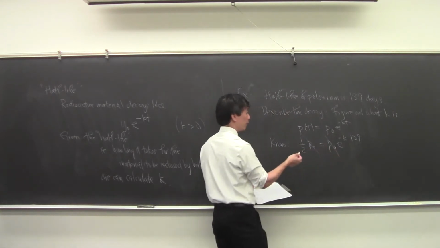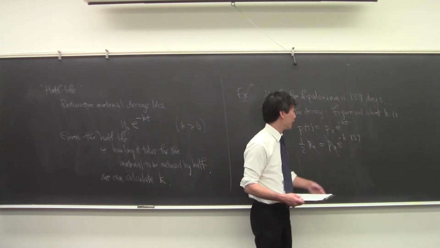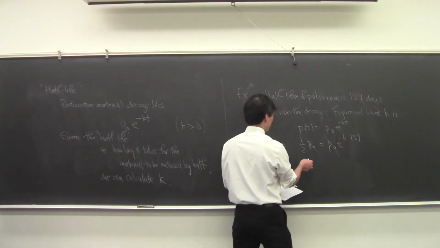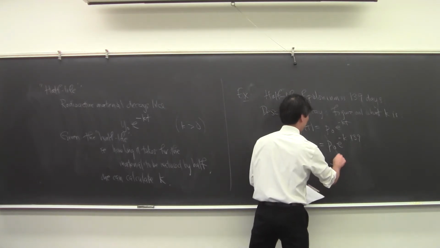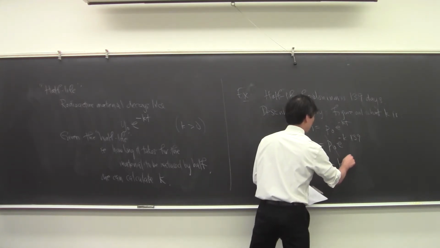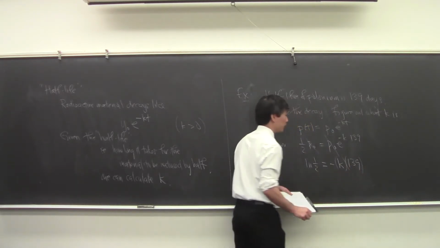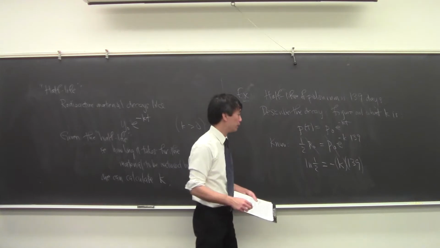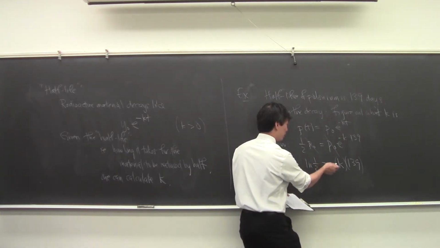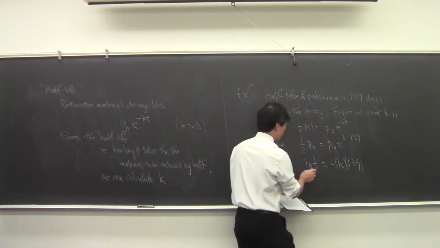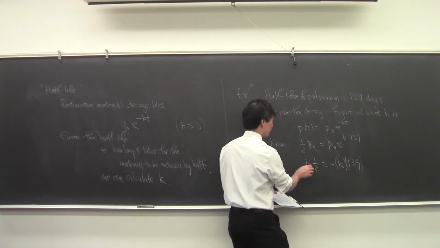Just like before, we solve not for t, but for k, but it's the same sort of thing. So you say, natural log of 1/2 equals negative k times 139. Natural log of 1/2 is the same thing as negative natural log 2.